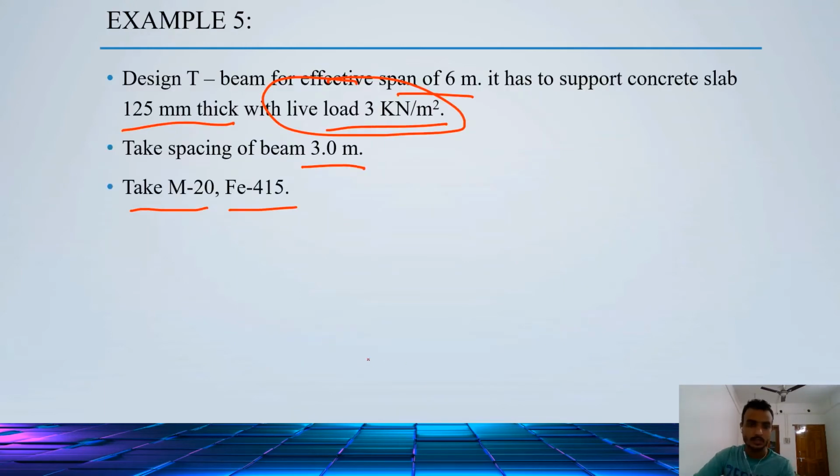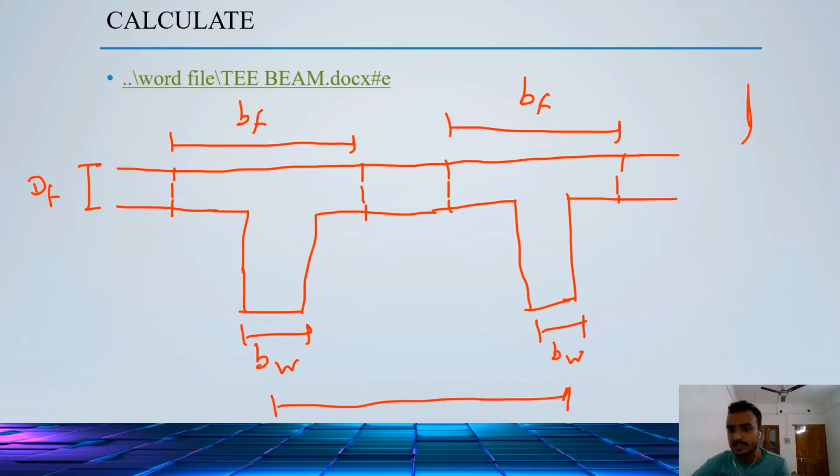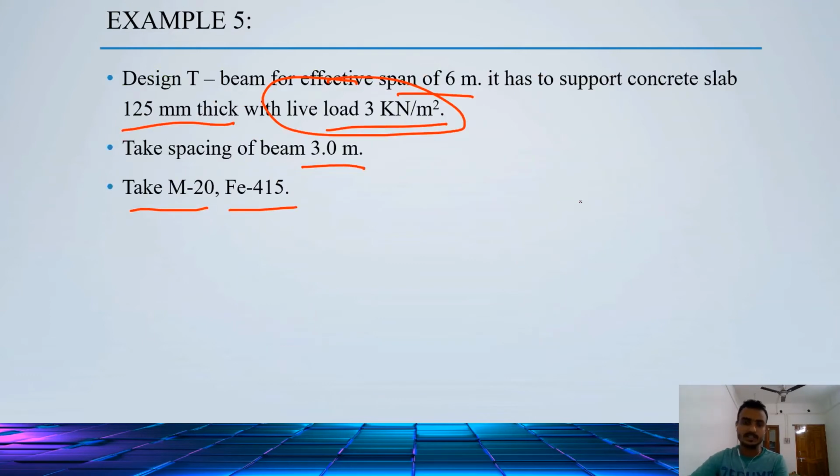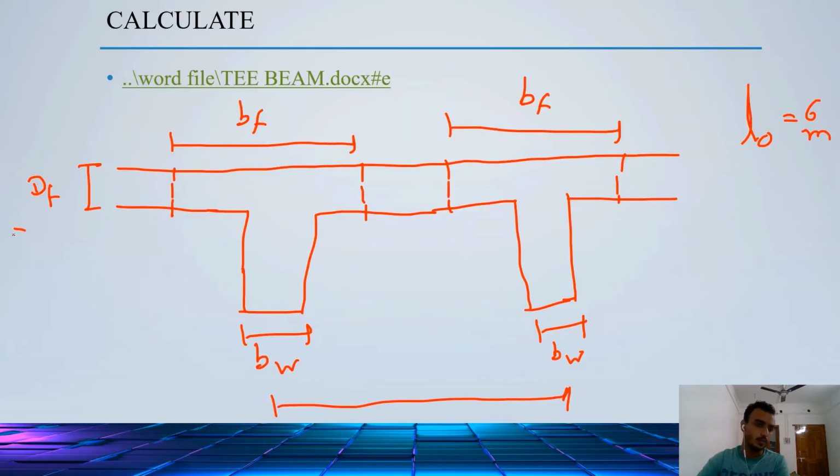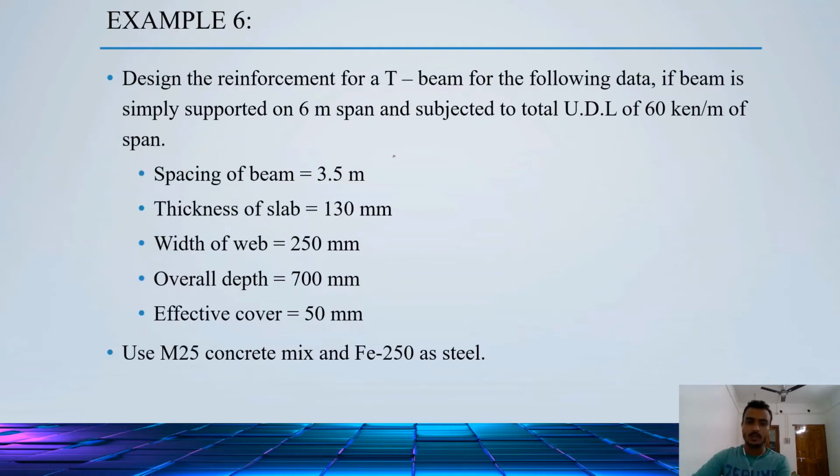So what do we have? Effective span 6 meter, so L0 is 6 meter. It has a supporting concrete slab 125 mm thick, so slab thickness is 125, so capital Df is 125.